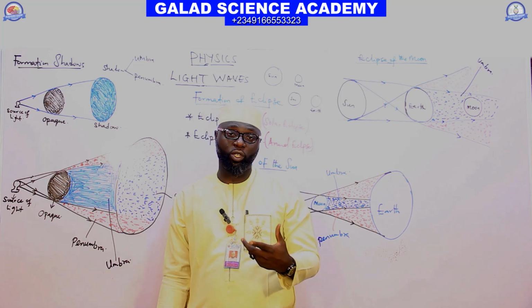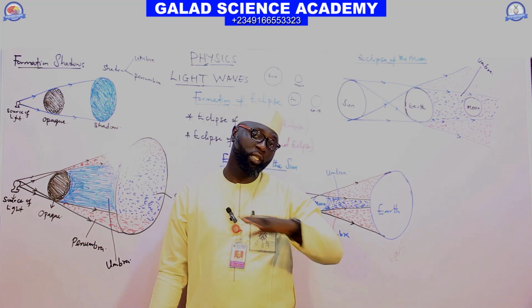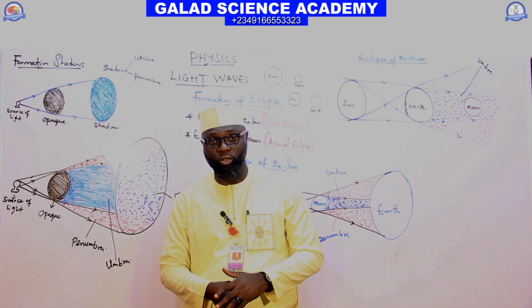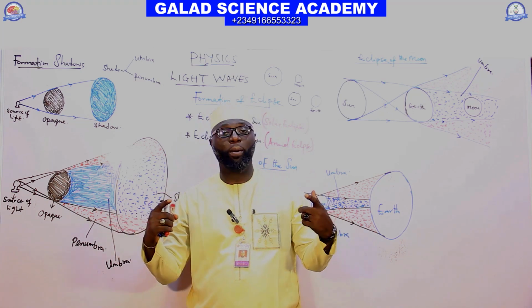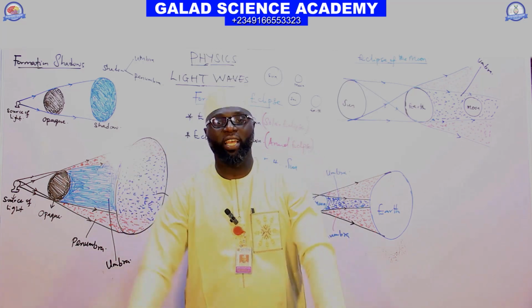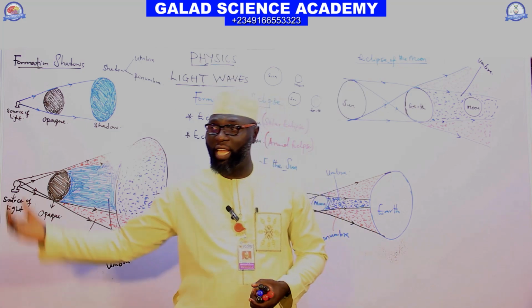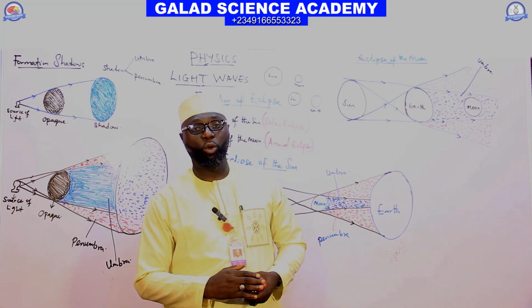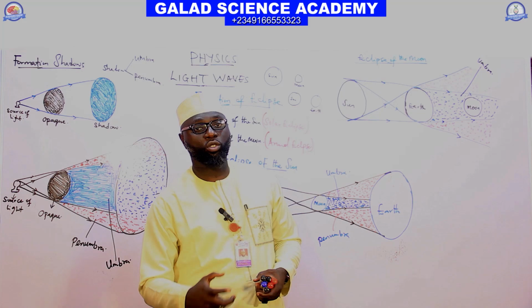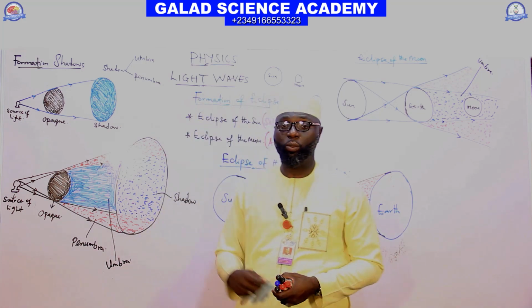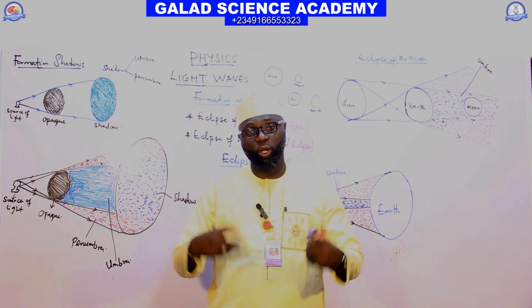The speed of light wave is 3 times 10 to the power 8 meters per second. And from there we talked about the source of light energy, the place or origin where light energy comes from, which we call luminous objects. Any object that produces its own light is called a luminous object.